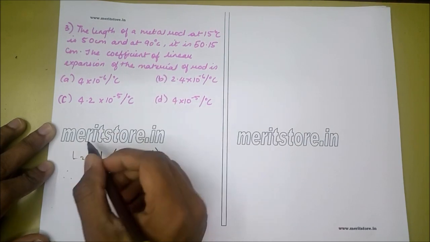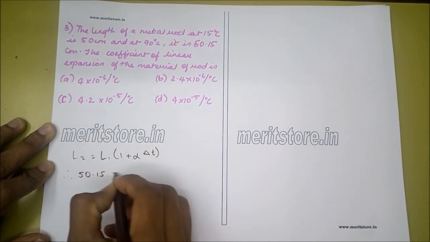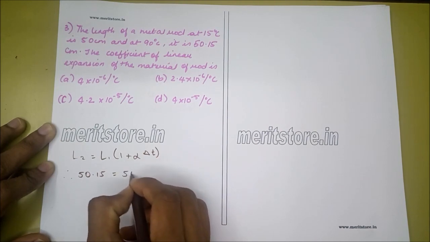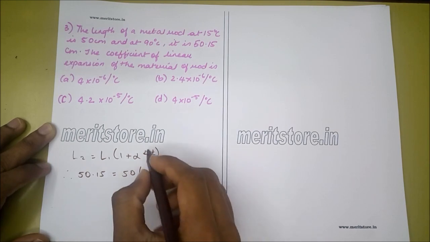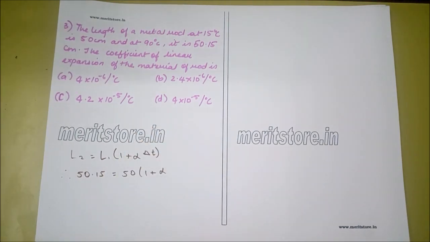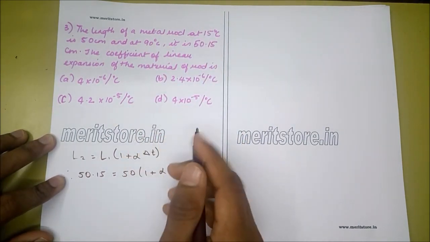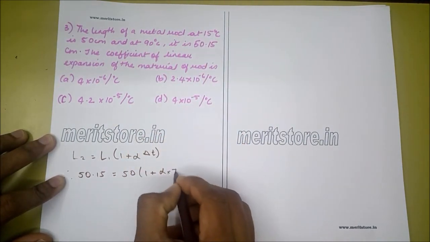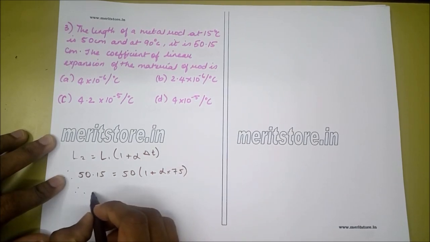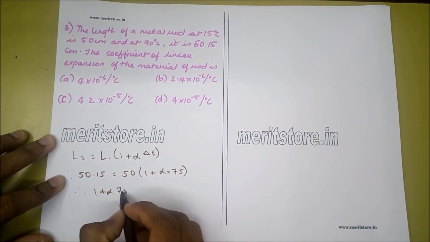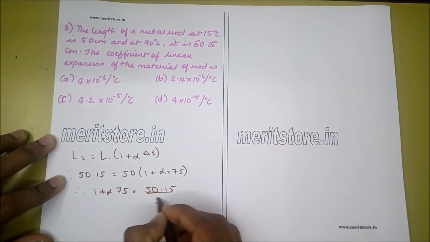So the final length L2 is 50.15, so 50.15 is equal to L1, that is 50 centimeters, times (1 plus alpha, which we need to find out, times delta T), and delta T is the difference between the temperatures, that is 90 degrees Celsius minus 15 degrees Celsius, so that would be 75 degrees Celsius. So to solve this, we get 1 plus alpha times 75 is equal to 50.15 upon 50.